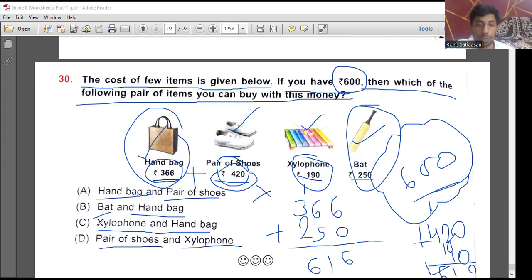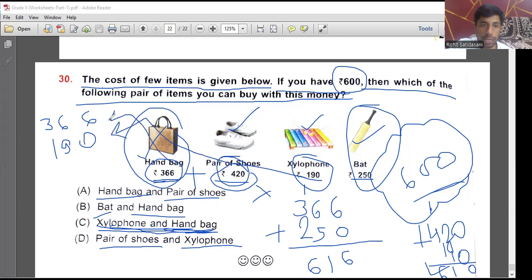But xylophone, option number C, xylophone and handbag. Okay, let us check this one. So handbag is 366 and xylophone is 190. To avoid any confusion, I'm doing the C one again. Xylophone for 190 and a handbag for 366.